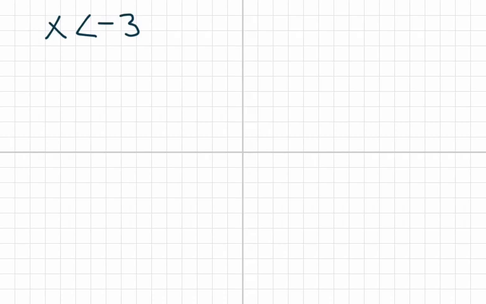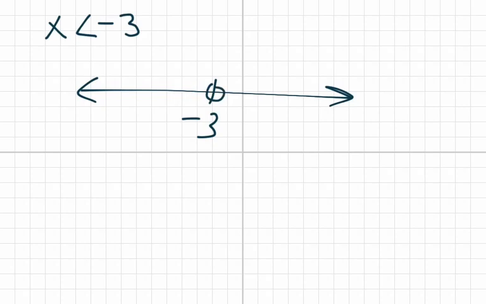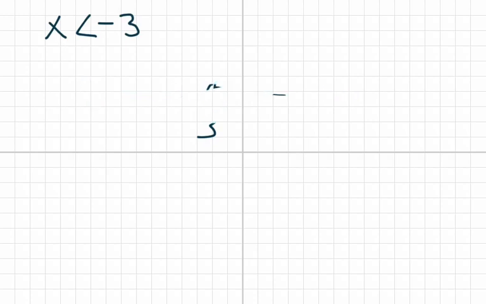Now, if it were in one dimension, okay, you'd plot the -3, you would do an open circle because it is not included, and you'd shade everything to the left, okay? So how does that translate when you're in 2 dimensions? And how would you know if you're supposed to do it in 1 dimension or 2 dimensions? Context of the problem. If you're provided with a coordinate plane, you're probably going to do it in 2 dimensions. If you're provided with a number line, it's 1 dimension.